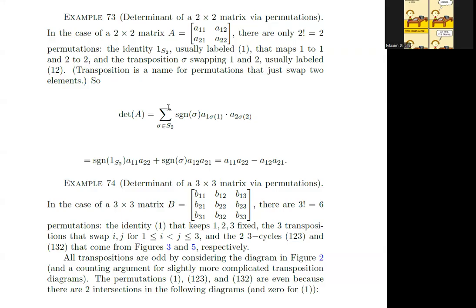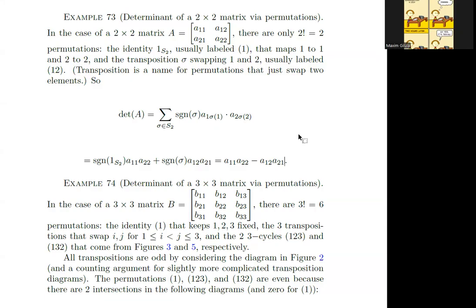So the determinant of A is equal to the sum over everything in S2, which is just those 2 permutations. There's the identity, 1 goes to 1, 2 goes to 2. And then there's the transposition, 1 goes to 2, 2 goes to 1. So the sign of the first one is even, the sign of the second one is odd, and this is what we get for the determinant. But that's exactly AD minus BC if we replace it with A, B, C, D letters.